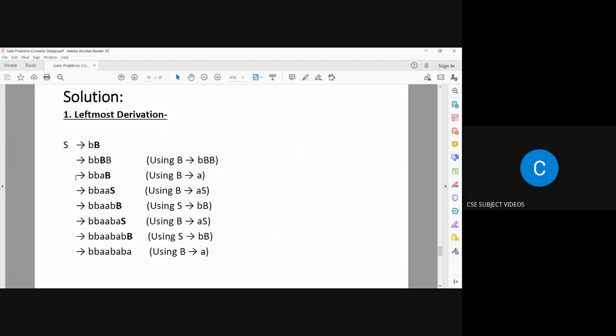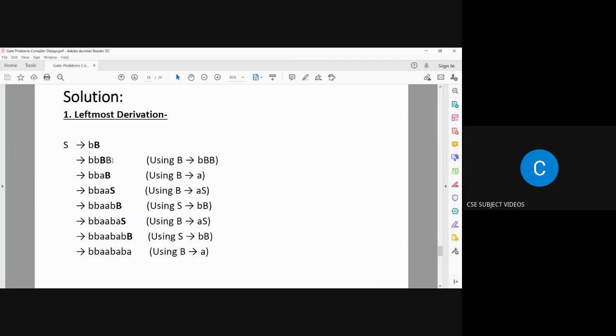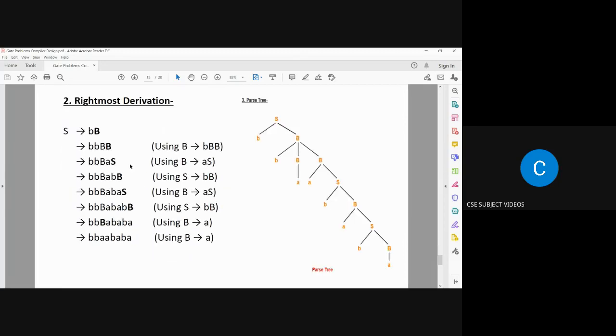Likewise, we have to repeat the steps. Rightmost derivation means the rightmost non-terminal is replaced by terminal, then the next rightmost non-terminal is replaced by terminal. Likewise, we repeat the steps and then conclude whether the given string is properly derived or not.